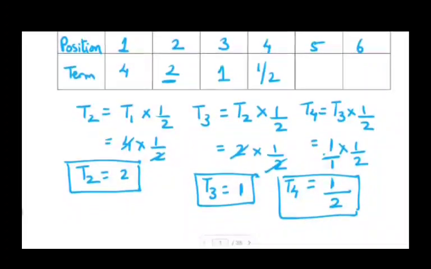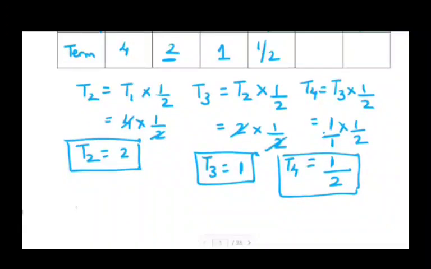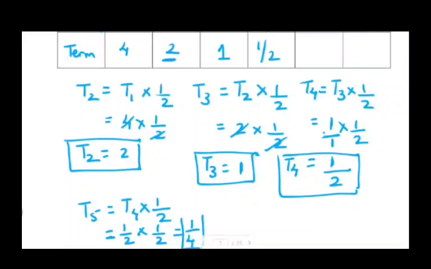Okay. How do I come to T5? T5 is equal to T4 into half. What is my T4? Half into half, which gives me 1 into 1, 1, 2 into 2, 4, which is my T5, which is 1 upon 4.